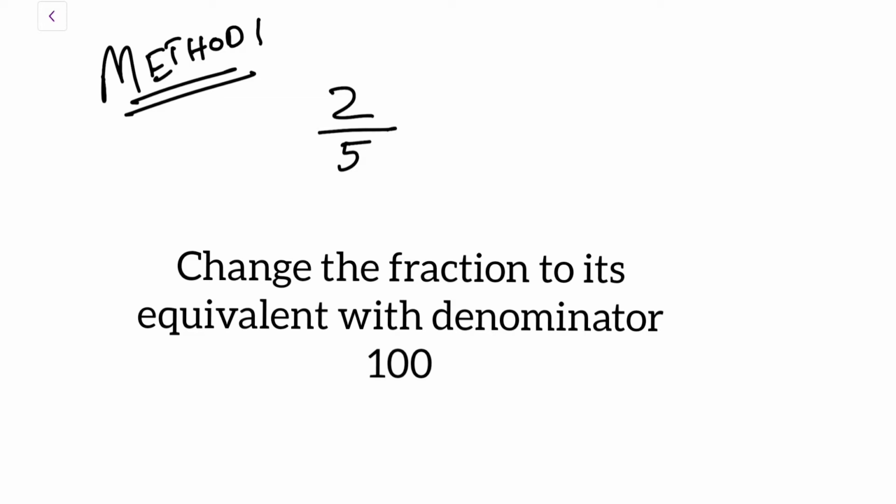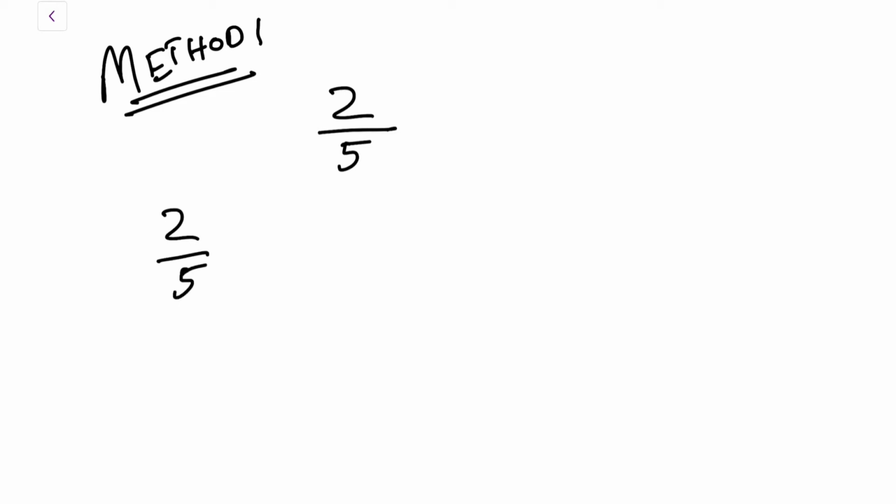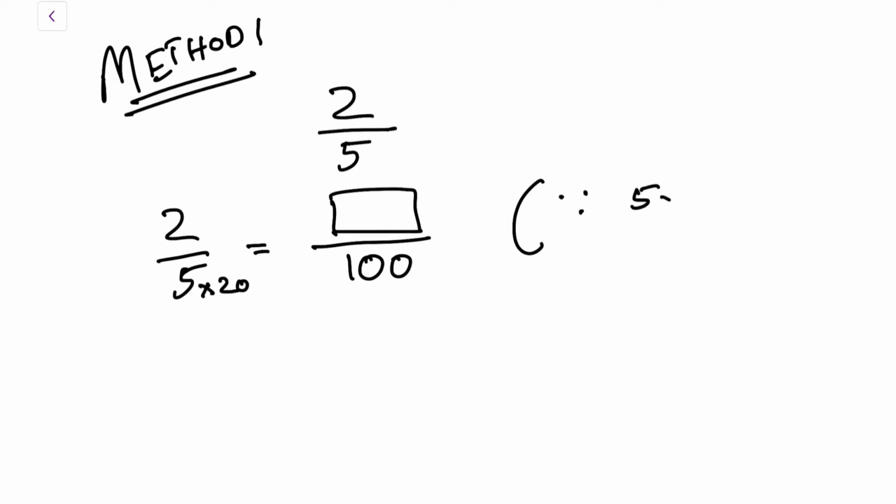So how do we do that? 2 by 5, you're taking the equivalent fraction with denominator 100. Alright. So what will the numerator be? Remember, how can this fraction be changed to 100? You have to do 5 into 20, because 5 into 20 is 100, you multiply the numerator also by 20.